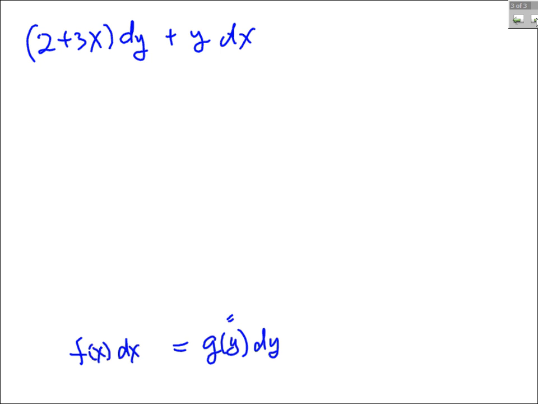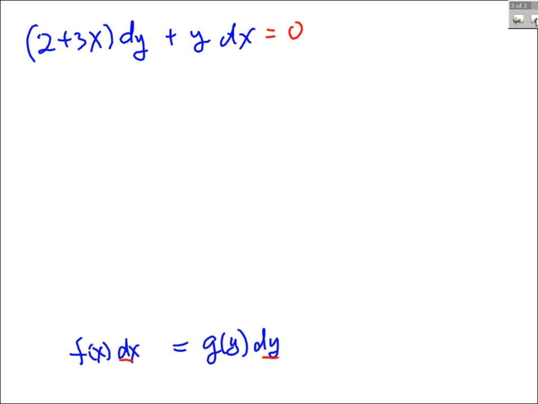Now, if that function of y is 1 over y, well then this will be dy over y. That is, we can have y's in the denominator. We want the x's on one side, the y's on the other side, and dx and dy in the numerators. Oh, this is equal to 0.